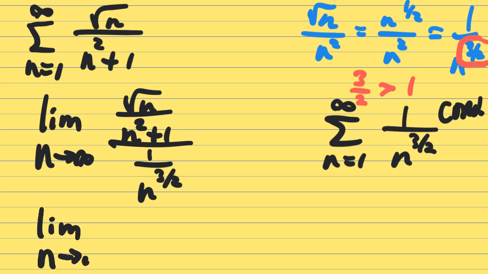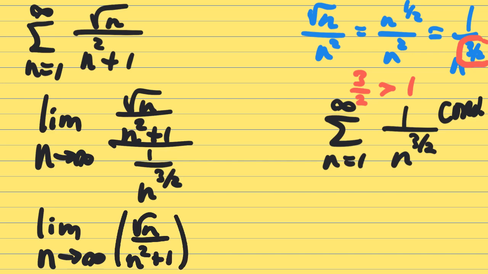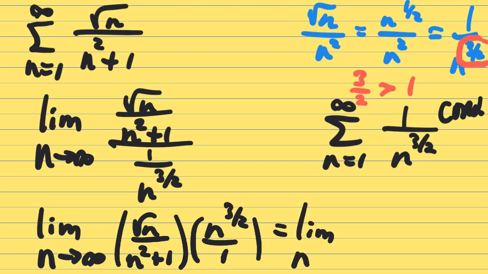Which is going to give us the limit as n approaches infinity of, and that's a complex fraction, so I'm just going to copy the top times the bottom one flipped over, multiply the numerators together, the denominators together. That gives us the limit as n goes to infinity.